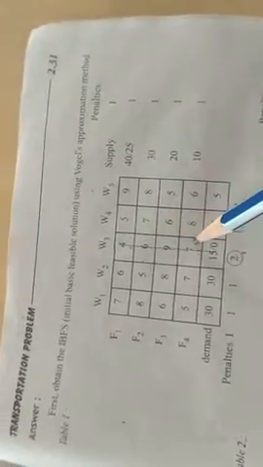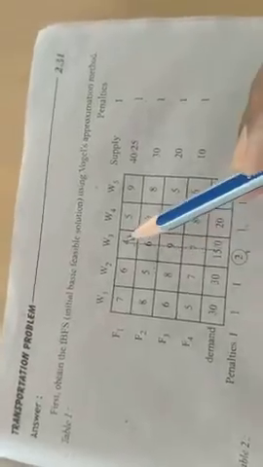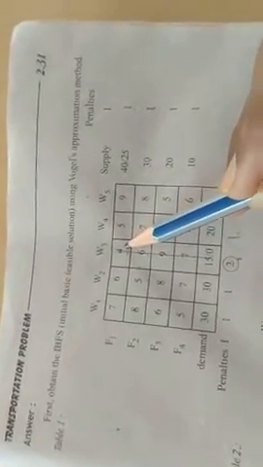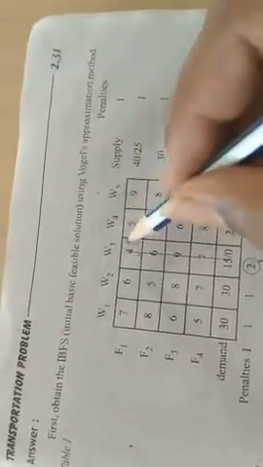The minimum cost element is 4, so I am assigning to the cell with cost 4.